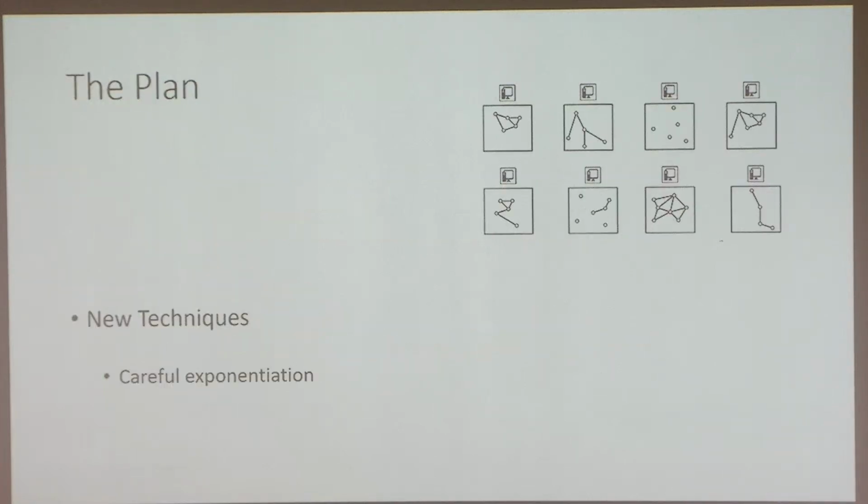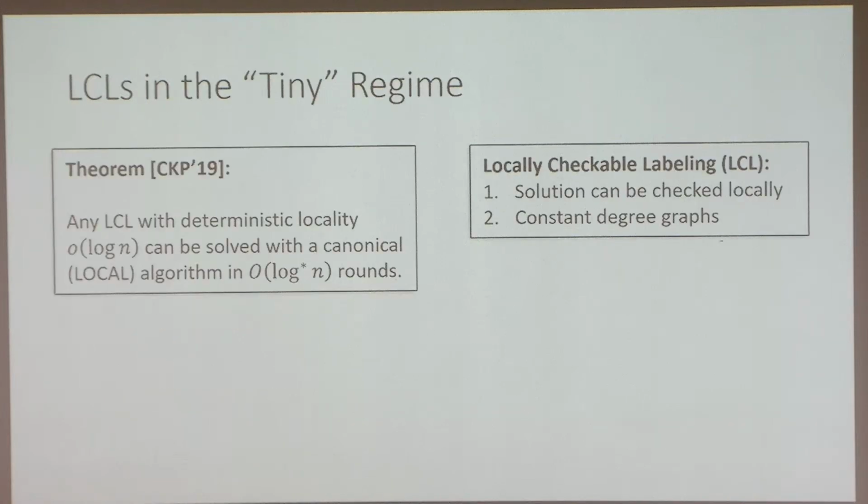Right. And as the last thing, I want to address Sepper's question a bit and show at least one nice new trick that we learned when we thought about this linear total space. Now I quickly need to explain what locally checkable labeling problems are.